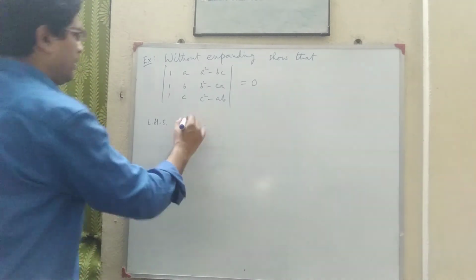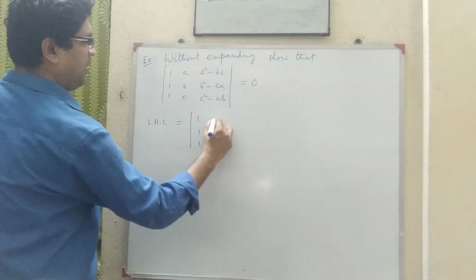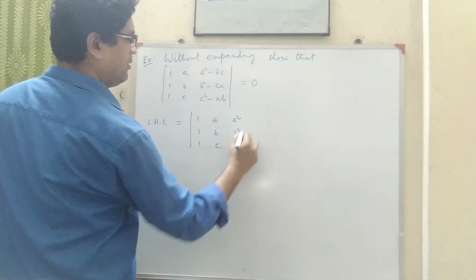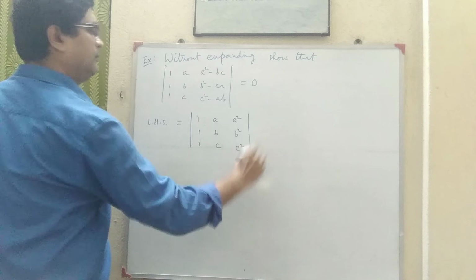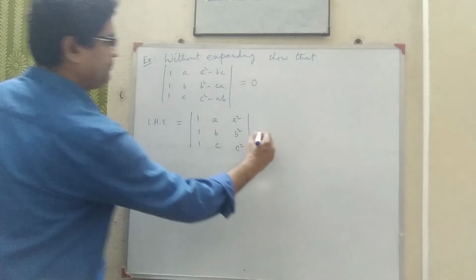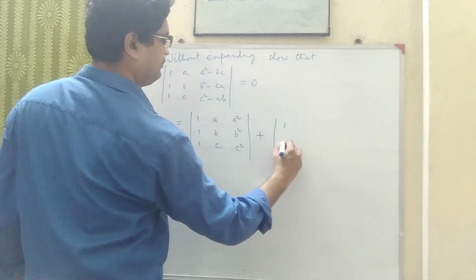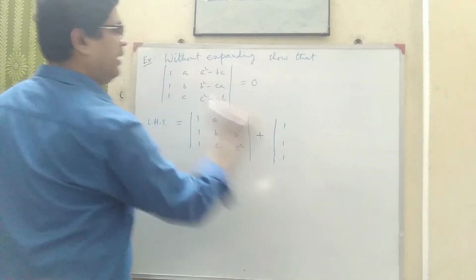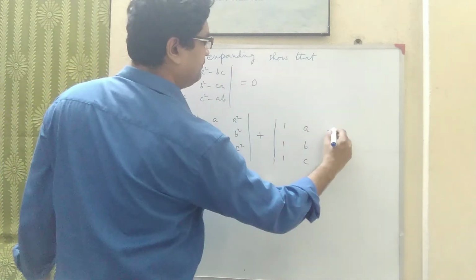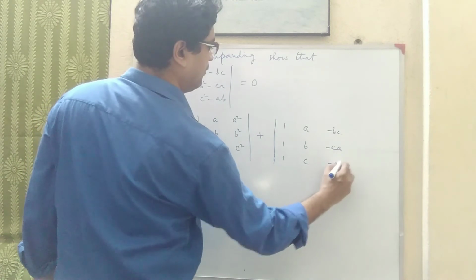Like 1, 1, 1, a, b, c, a square, b square, c square, plus 1, 1, 1, a, b, c, minus bc, minus ca, minus ab.